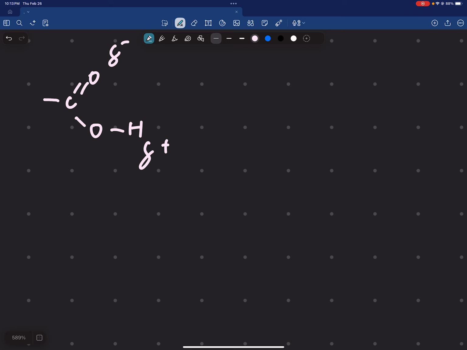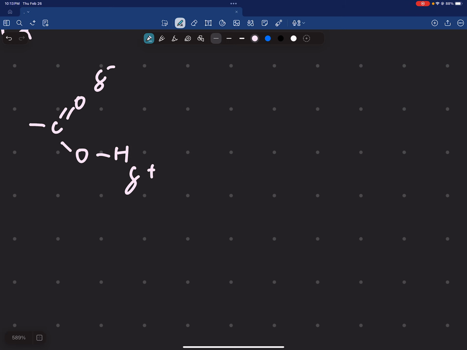This carboxylic acid here will hydrogen bond like so, by charge attraction with itself, as you can see here.